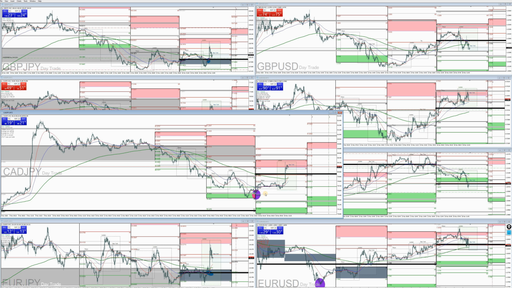Okay, we had the setup here. We broke through central pivot, the weekly. What I wanted to see for today, so this is my daily central pivot right here, is for it to come down and then up through this central pivot.